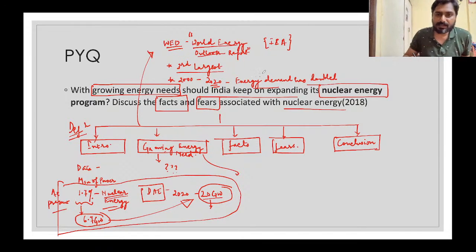So it is saying that in the next 20 years India will have to add a power system equivalent to that of the European Union as of now.